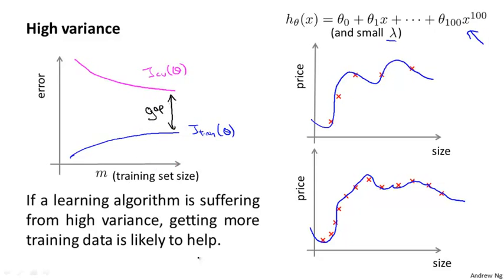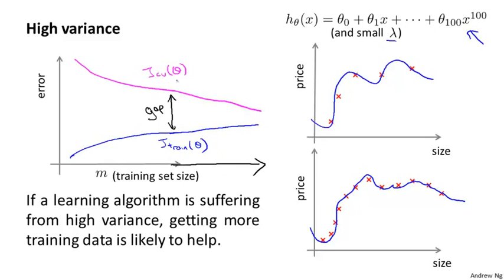And looking at this figure, if we think about adding more training data, that is taking this figure and extrapolating to the right, we can kind of tell that the two curves, the blue curve and the magenta curve, are converging to each other. And so if we were to extrapolate this figure to the right, then it seems likely that the training error would keep on going up and the cross-validation error would keep on going down.